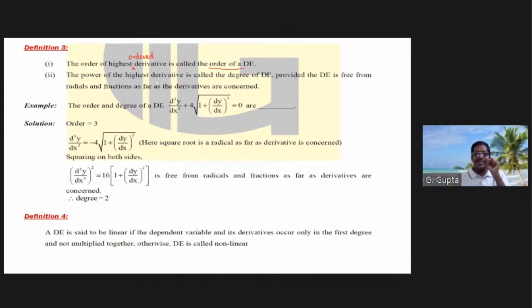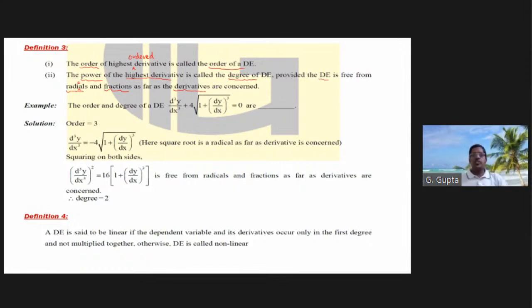Once the order exists, the power of the highest derivative, please underline power, here this is the order, the highest derivative, is called the degree of a DE, provided there is a restriction or condition to find the degree: the differential equation, DE being the short form of differential equation, is free from radicals and fractions as far as the derivatives are concerned.